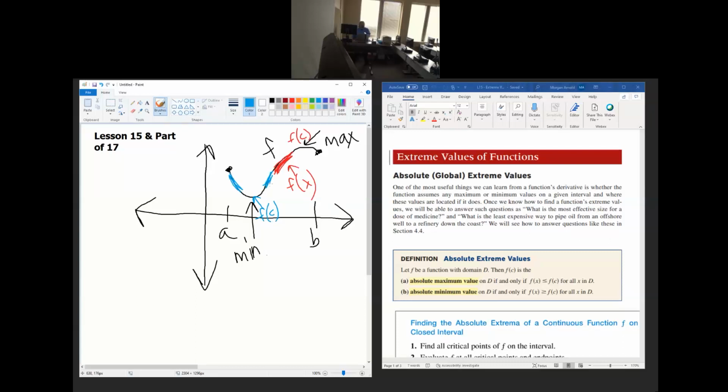On both sides, our function f of x is above f of c. That means our function at this point is greater than or equal to f of c. So because all of that happens, that means we have an absolute minimum point down there.